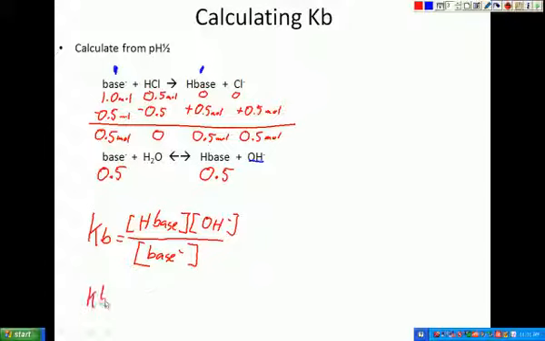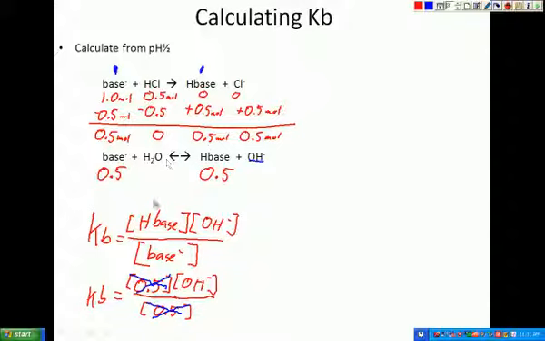And Kb, if we start plugging in some numbers here, say if we have H base is 0.5 and this is OH, and this is also 0.5. Okay, well, these are going to cancel out, 0.5 and 0.5.